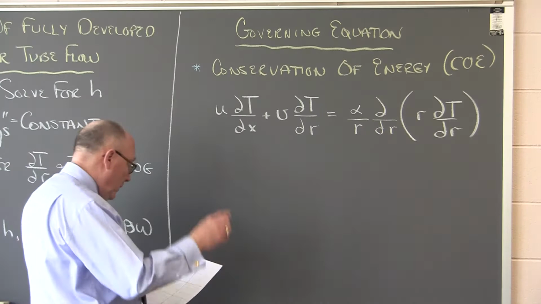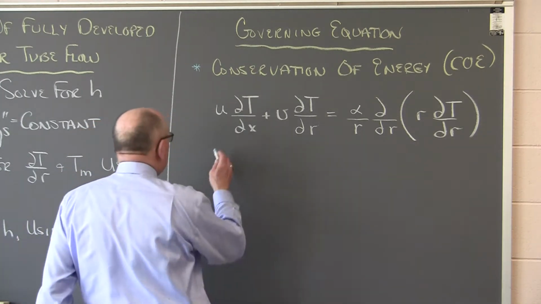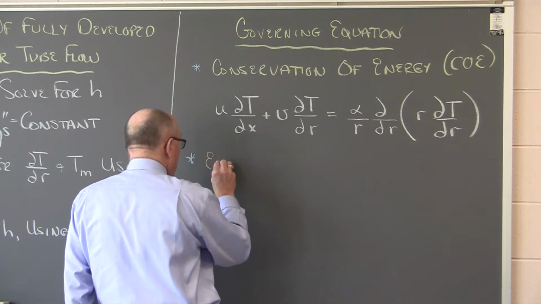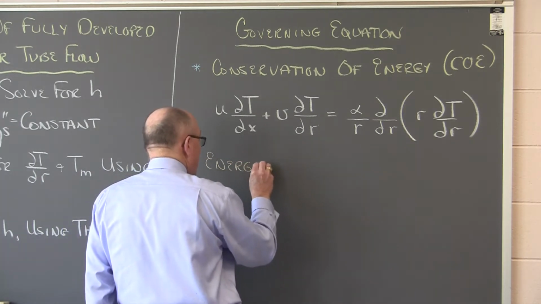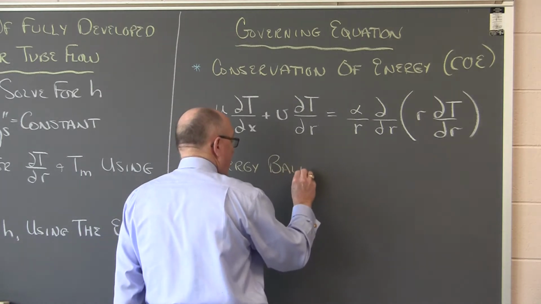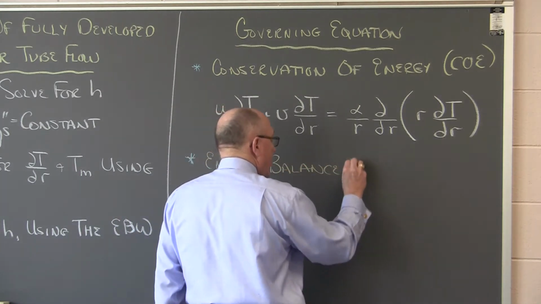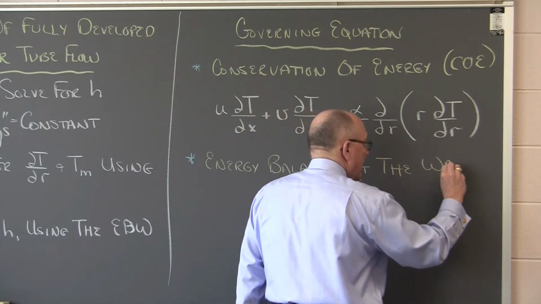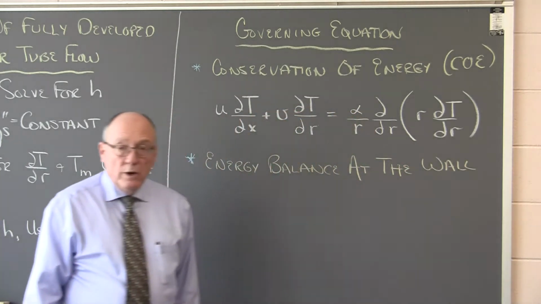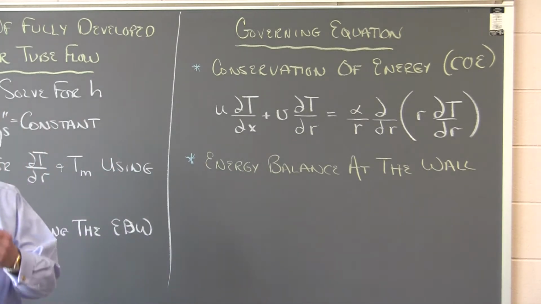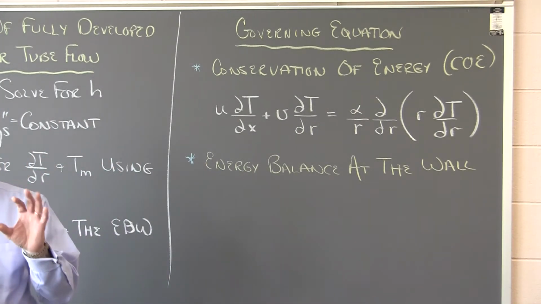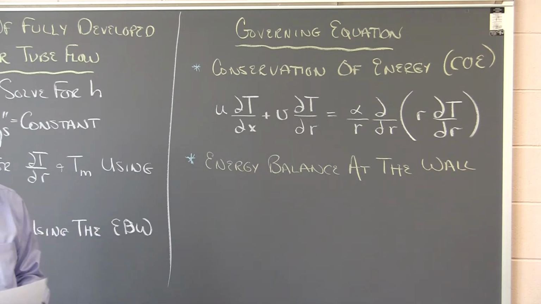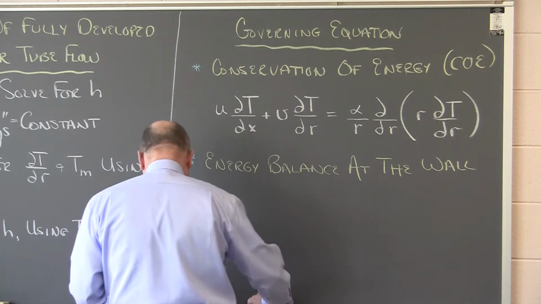All right, now, let's not forget the other needed equation, and that is the energy balance at the wall. And of course, that is where we realize that the conduction leaving the surface has to be equal to the convection being carried away. And so what that yields us is this.